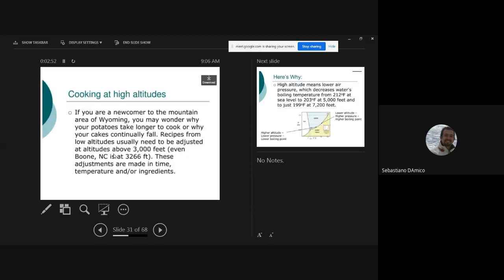So let's see, cooking at high altitude. This is an example from the US, so some of the units don't follow the SI system; they speak in terms of feet, inches, and Fahrenheit degrees. But at the end of the day, with the right adjustment, the situation is the same.